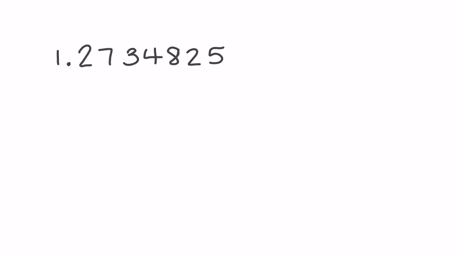Since we're going to be rounding to 2 decimal places, we only care about the first 3 places after the decimal. Everything else is garbage. Now I want us to look at the 3rd place after the decimal.